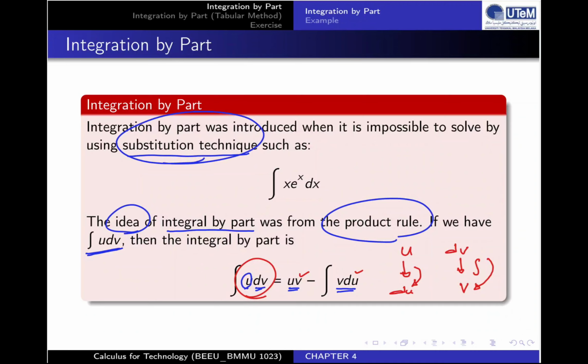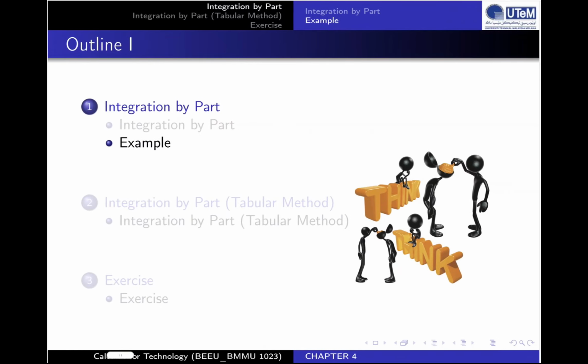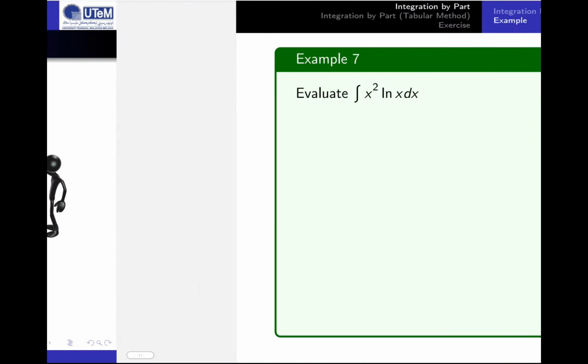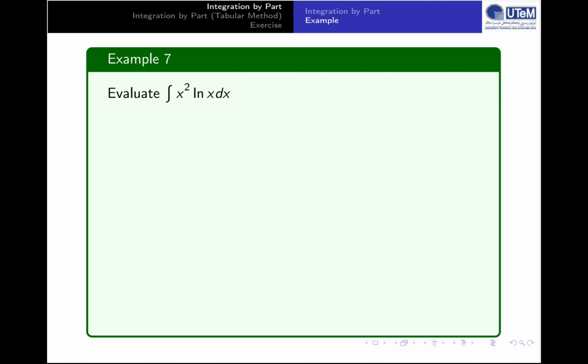Now look at the example. Example 7. Evaluate the integration of x squared ln x dx. So when we have x squared ln x dx, we need to find what is u and what is dv.